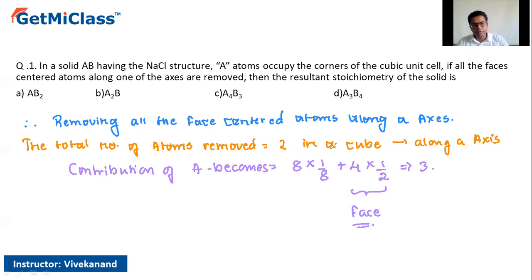So now it becomes A3, and for B we have 4. Therefore, the option is D.